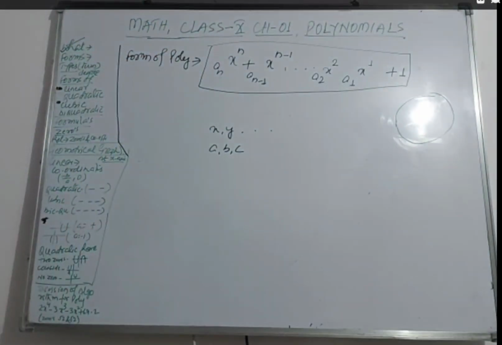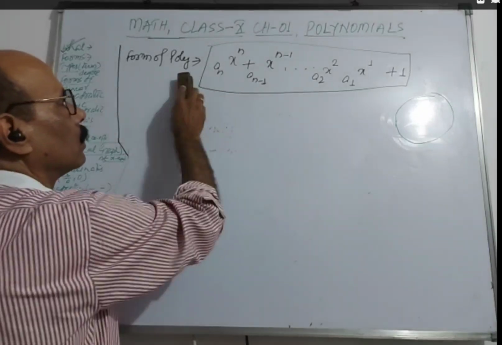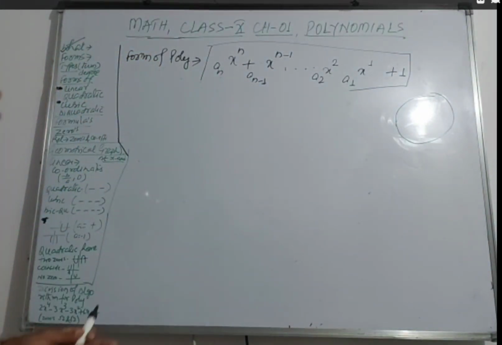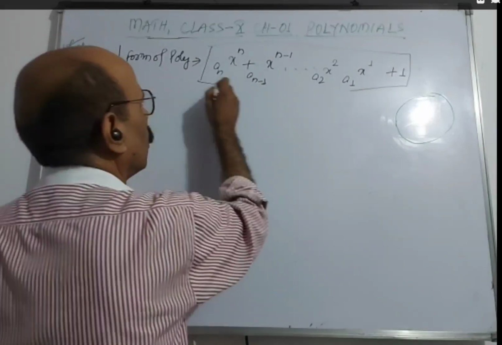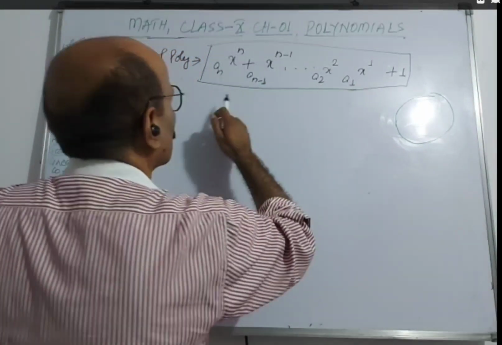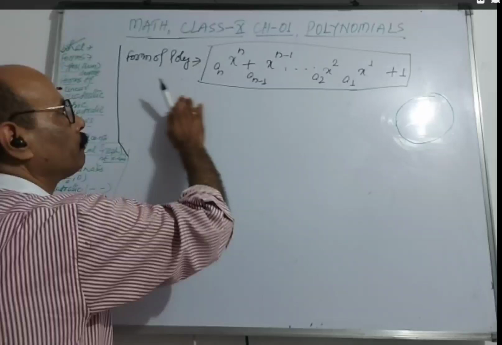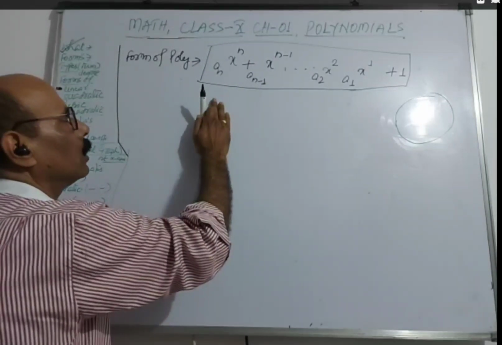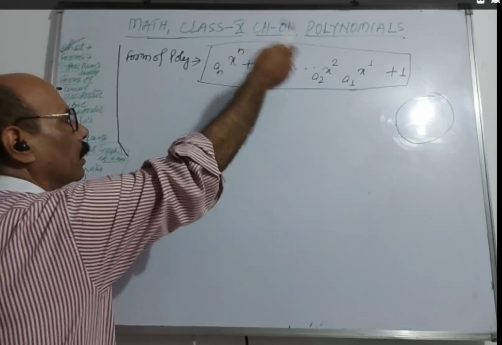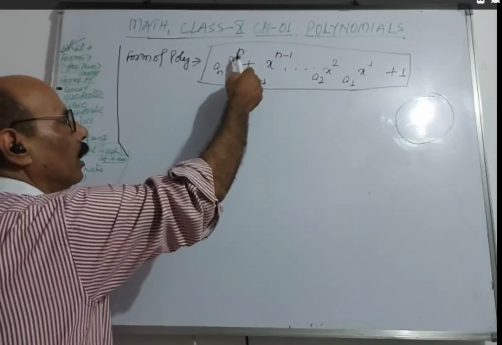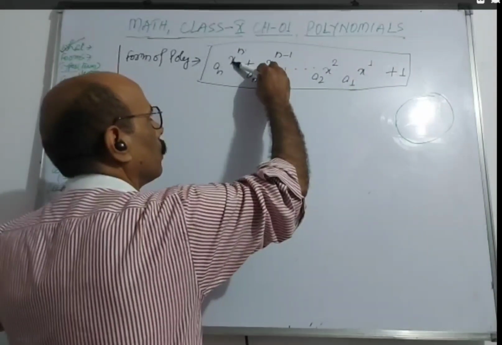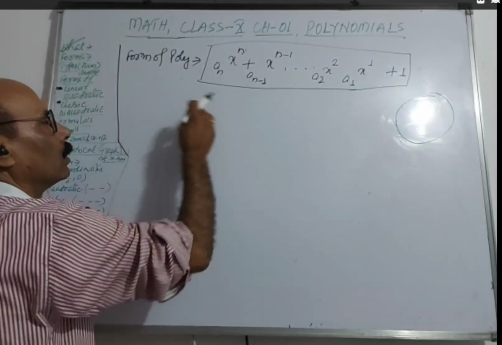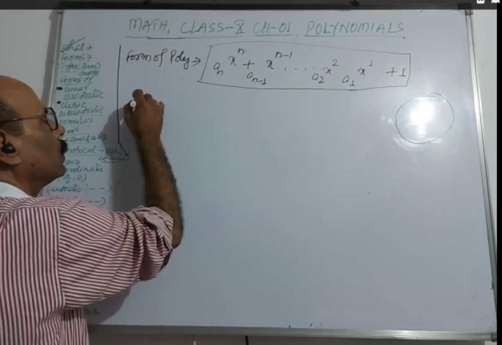But usually, in practice, this many uncounted forms are not in use. What we use: suppose the power of x is, let n be equal to 5.